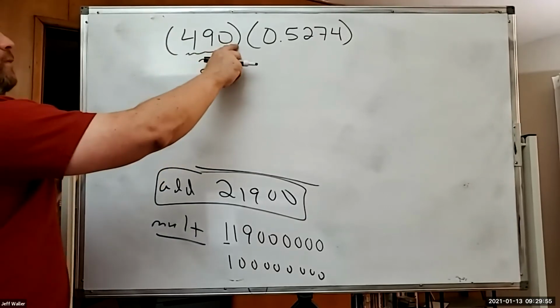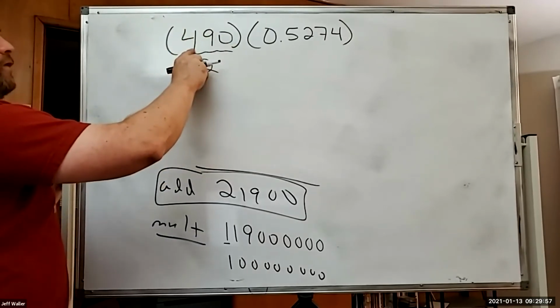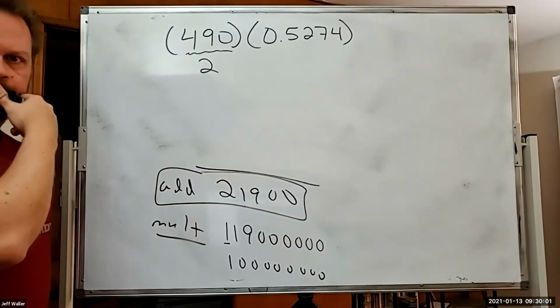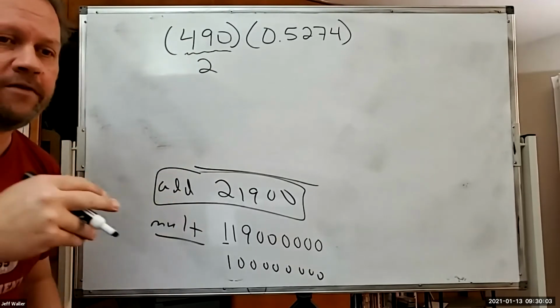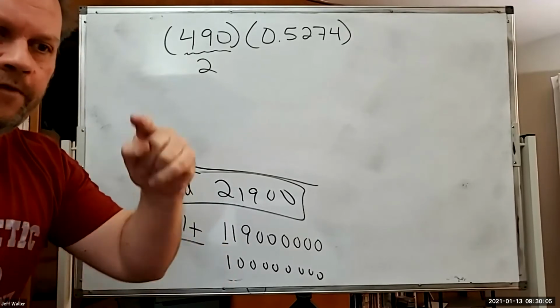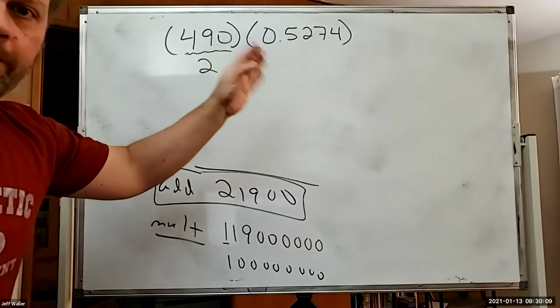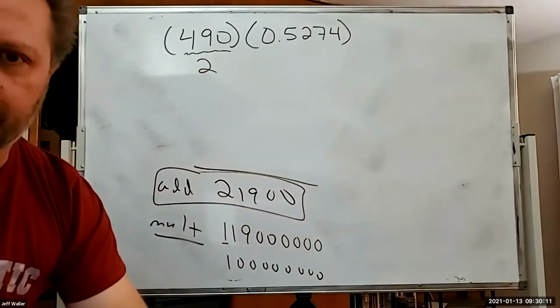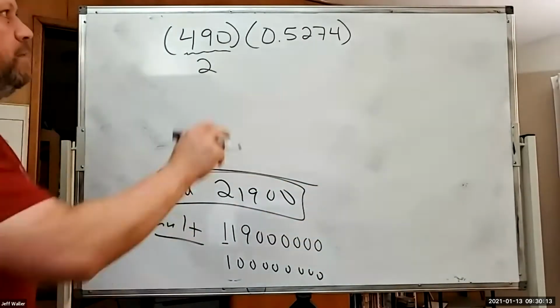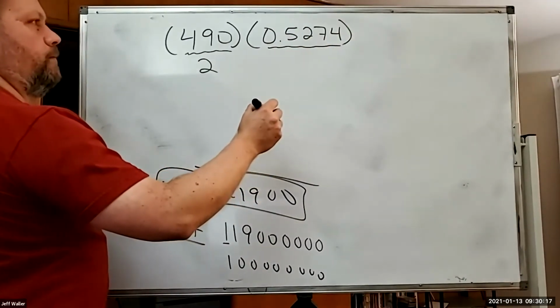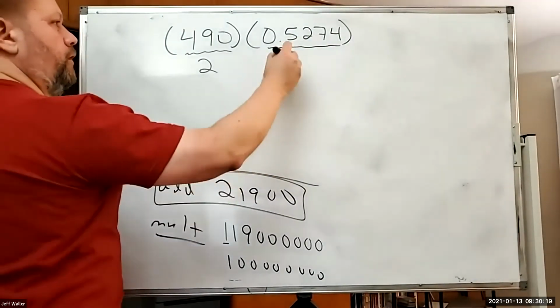When there's no decimal, first non-zero to the last non-zero. That's all you got to remember. If there's no decimal, first non-zero, count to the last non-zero. If there is a decimal, first non-zero all the way to the end. So how many sig digs does this have? 4. I like it.